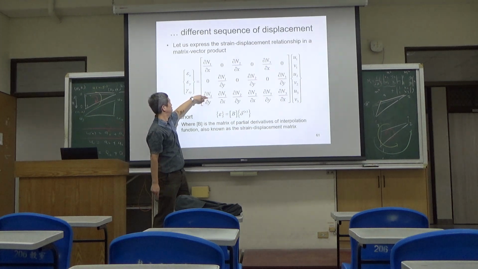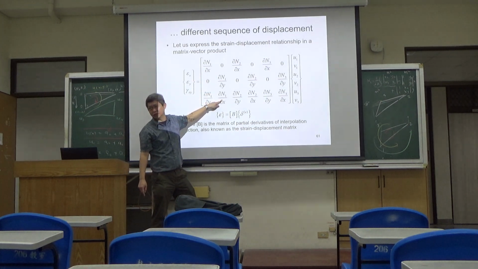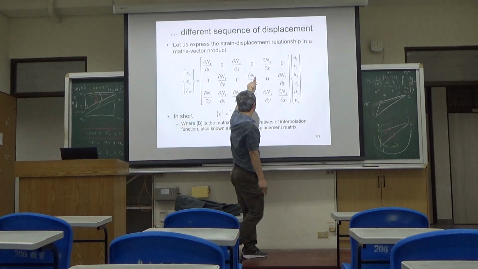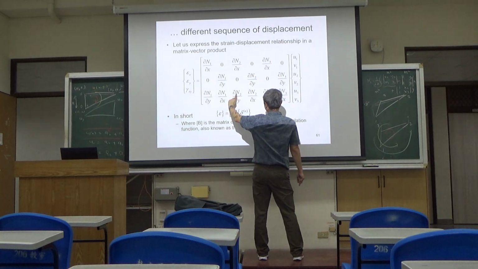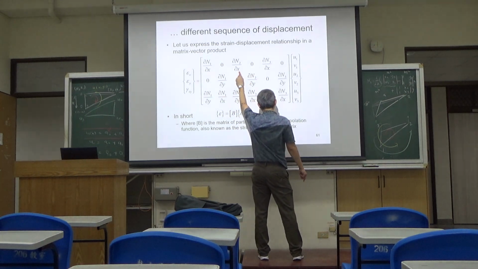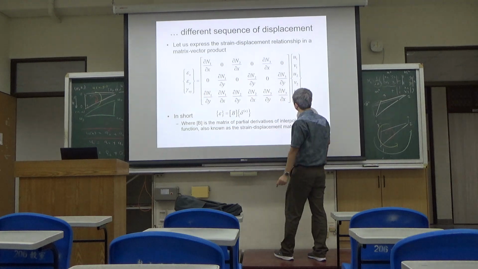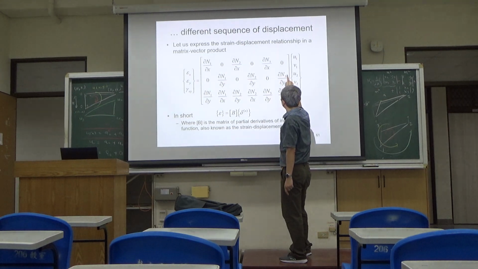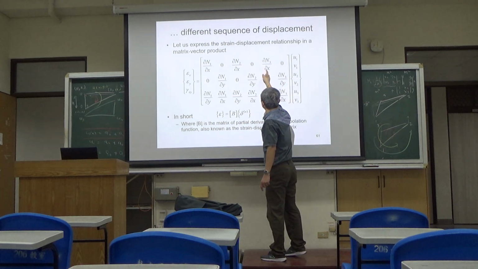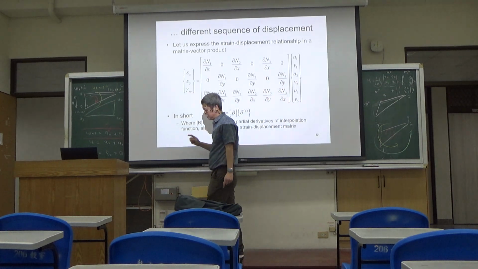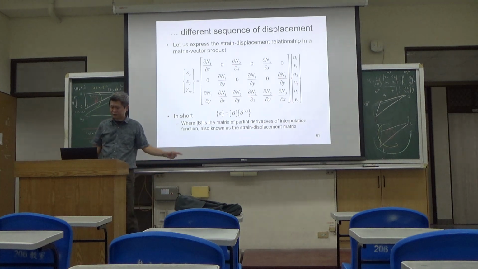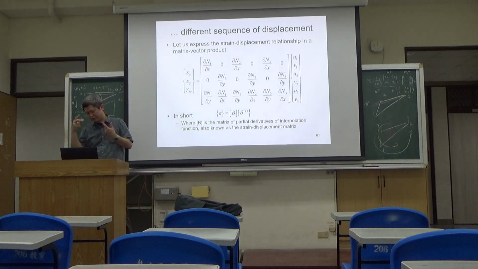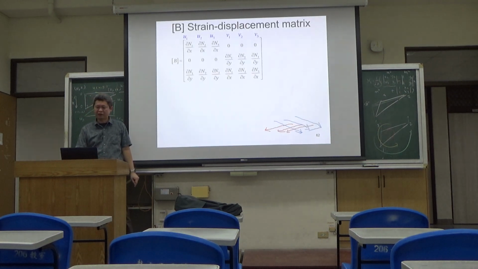This one comes to here, that one comes to the second column, and then the third column comes to the fourth column, and then the sixth column comes to the fifth column, and the fifth column comes to the sixth column. Okay, this is the way you have a shorthand or logical memory how this is right.